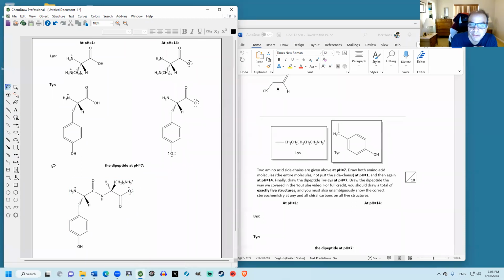There's our dipeptide, with complete full stereochemistry. Questions on this problem at all?